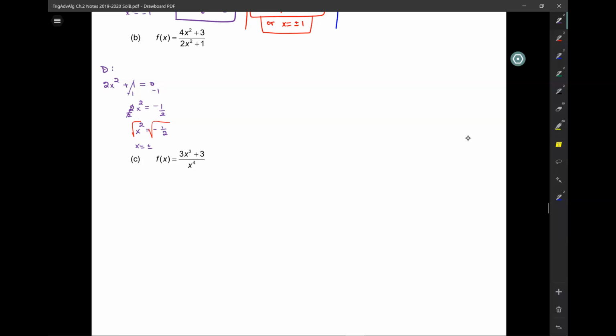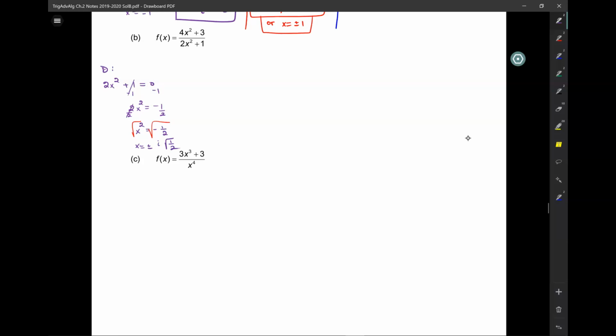What about the negative in the root? I times the square root of 1/2. So if we have an i, is that a real number? Not a real number. If you do this and you don't get a real number, that means there is no real number for which that denominator is 0. You cannot possibly find a number that will make the denominator 0, which means if the denominator is never 0, do we have an issue with this function? No issue. So the domain is all real numbers.